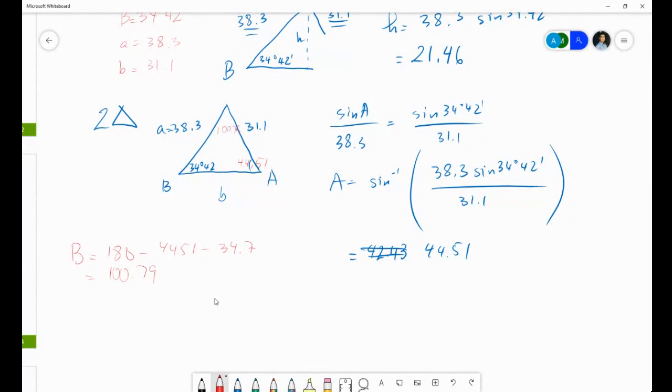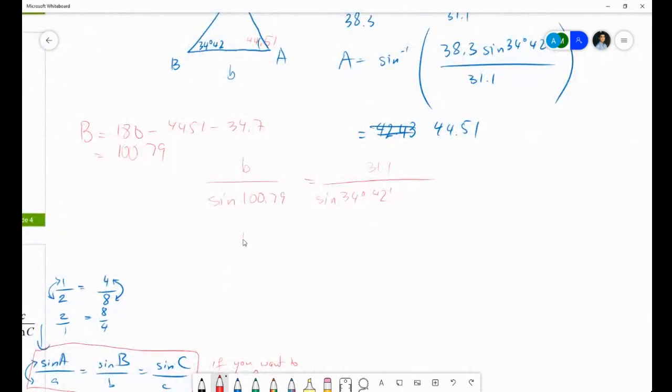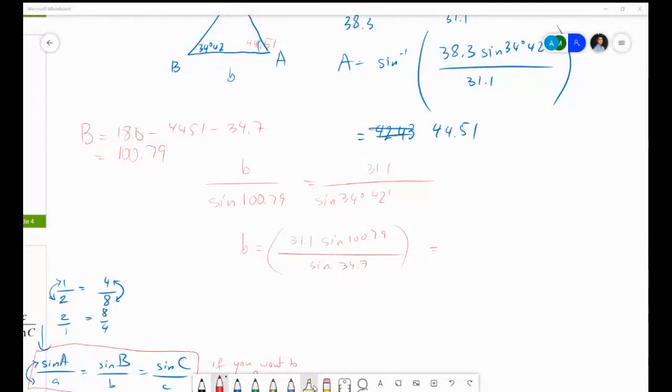All right, so now I'm going to find side B. So B over sine of 100.79 equals 31.1 over sine of 34 and 42, and that's 34.7, right? So B equals 31.1 sine of 100.79 divided by sine of 34.7. Let's see what we get there.